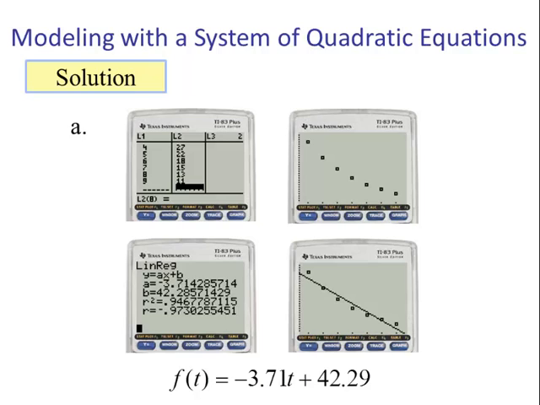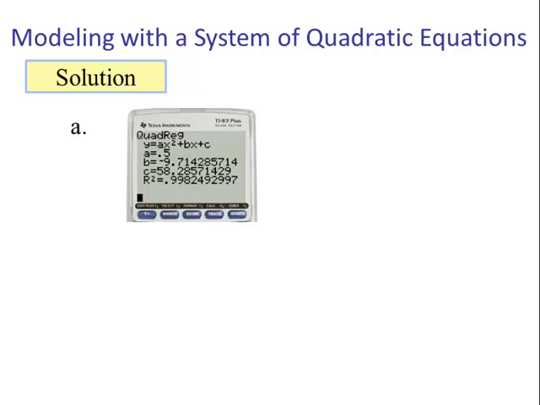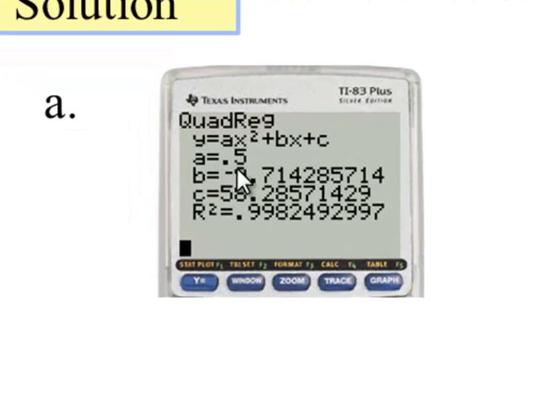Let's do the quadratic. We see that A is 0.5, B is negative 9.71, and C is 58.29. Our r-square is 0.998. This is very high, so this is likely the best model.